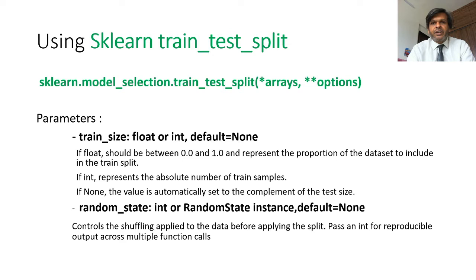Pass an int for reproducible output across multiple function calls. Once you give a number over there, it will use the same random seed, so you have reproducible results every time using that same random seed. If you don't give anything over there, then it takes a random number as a random seed and then does the randomization.